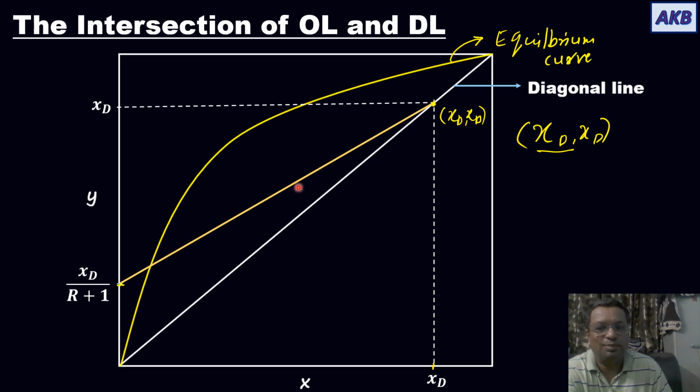This orange line is nothing but the operating line for the rectifying section. And what is the slope of this operating line? It is R/(R+1).